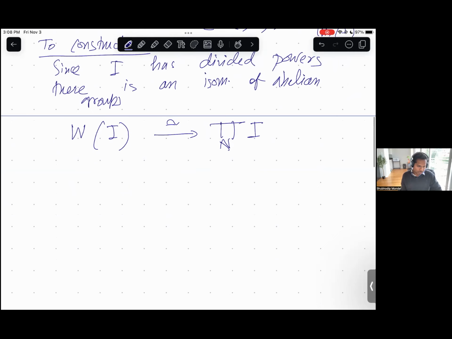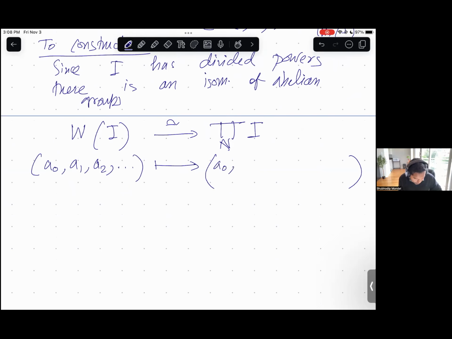So it's actually quite easy to explicitly write it down. In general, we have the Witt polynomials, but in the presence of divided powers, we can suitably divide those Witt polynomials.